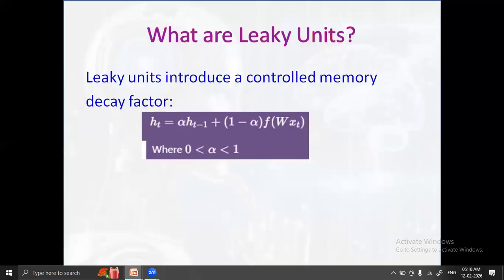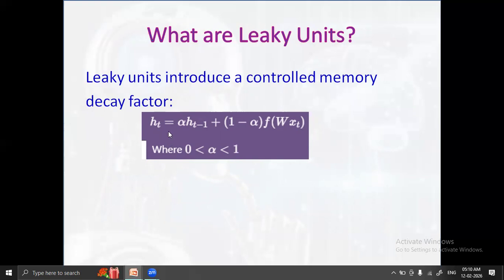Next, what are leaky units? Leaky units modify the hidden state update to include a controlled memory retention factor. Instead of completely replacing old memory with new information, leaky units allow part of the previous state to remain.